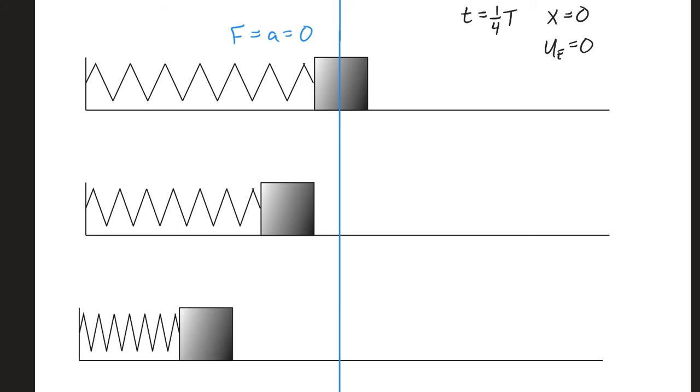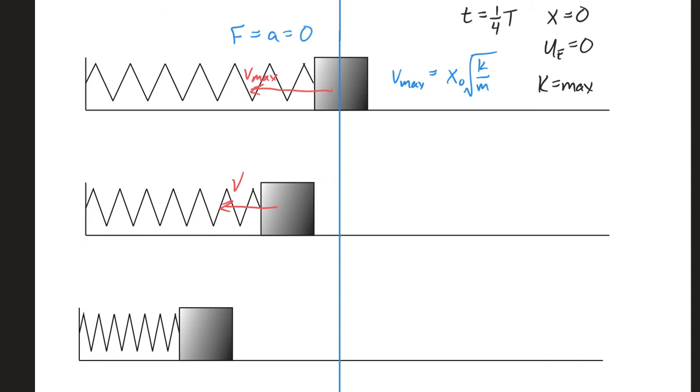On the other hand, velocity is at a max. This is the fastest it will be traveling, which also means kinetic energy is at a max. Now it's brief, because the moment we pass through, two important things change. Although the velocity is maximum and the velocity is in this direction, in our next step, the velocity is still in this direction, but now we have begun to depress the spring.